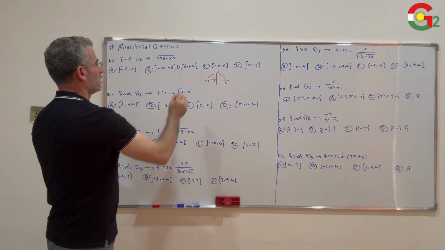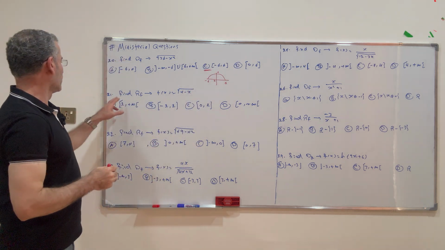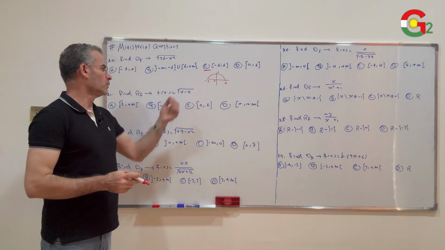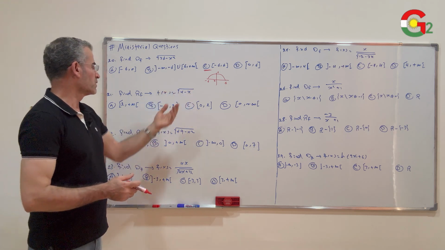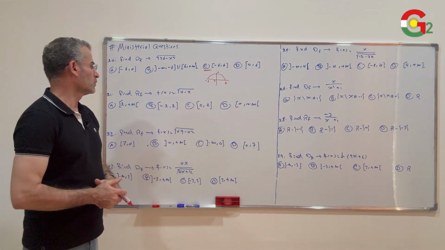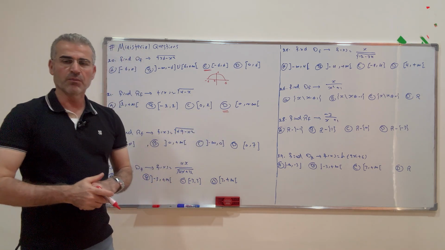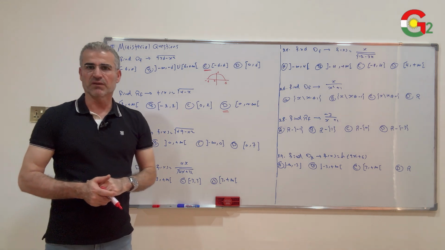We want the domain, then choice number C. Find the range of the function 2 square root of 4 minus x. The range of this function is 0 to positive infinity. Choice number D, since the root is preceded by a positive.